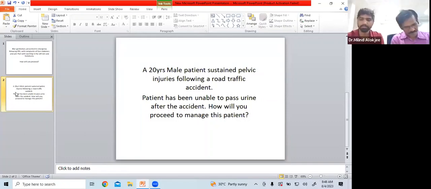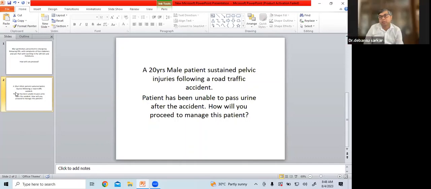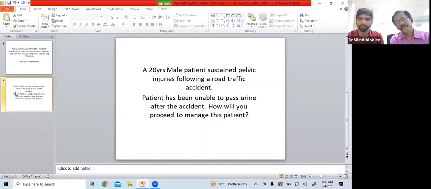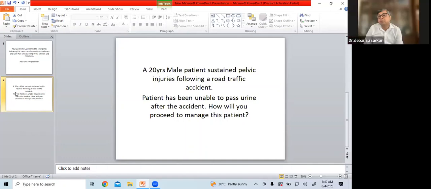If you find this is a type 1 injury, there is only stretching injury, you can safely catheterize. If you find the patient has a partial injury, contrast is going to the bladder and you can see the urethra, at the same time there is some extravasation, you can try a gentle catheterization. If you find a complete disruption, there is no communication of the urethra with the bladder, do not attempt any catheterization in this patient.